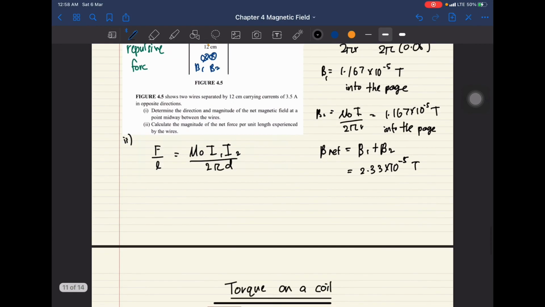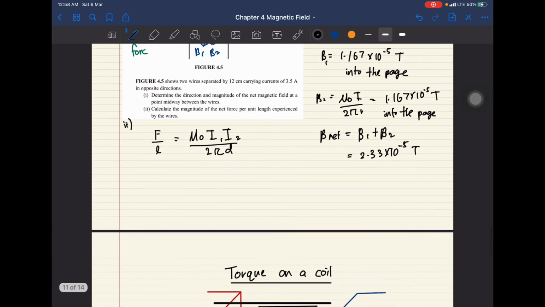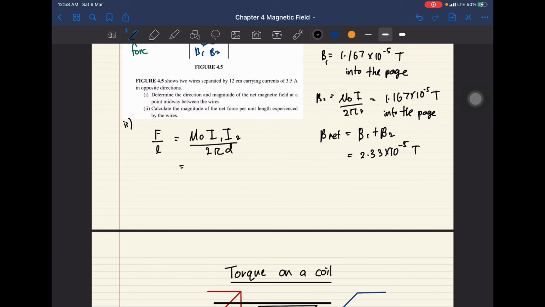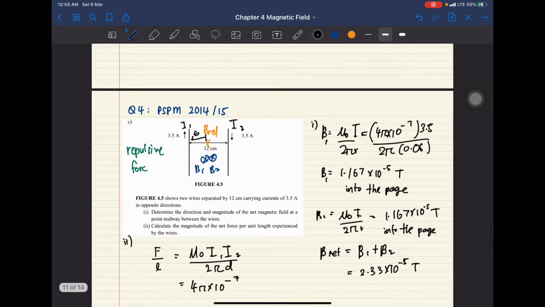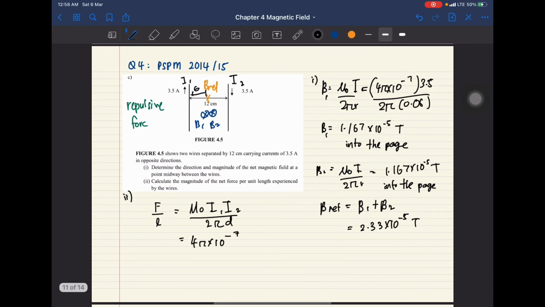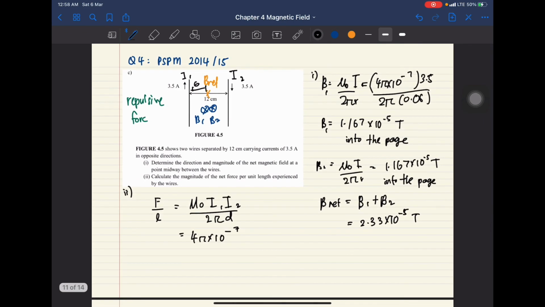So now again it's basically just substituting into the formula. So it will be 4 pi times 10 to the negative 7, and then I1 and I2 are 3.5 and 3.5, divided by 2 pi. Now it's about the distance between the two current carrying conductors. It will be that one.